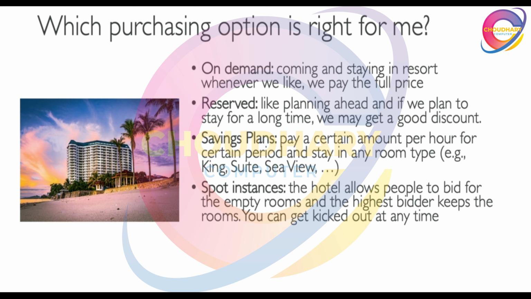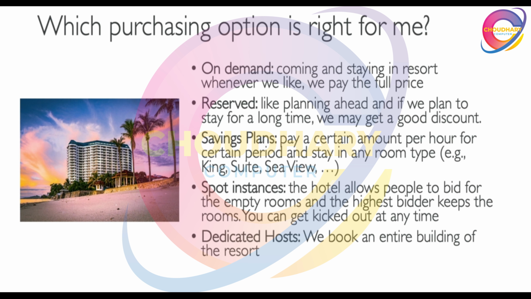Spot instances are whenever the hotel runs very last minute discounts because they have empty rooms and they want to attract people. So they have empty rooms and people bid on getting this empty room. And so you get very big discounts. But in this specific resort, you can get kicked out at any time if someone is willing to pay more for your room than what you did. Okay. But I don't want to stay in such a resort.